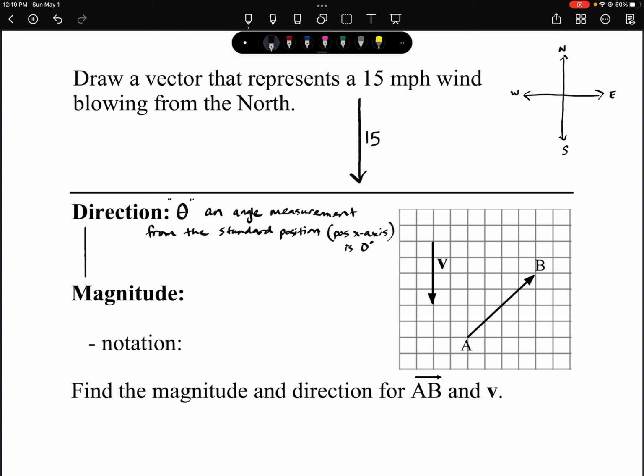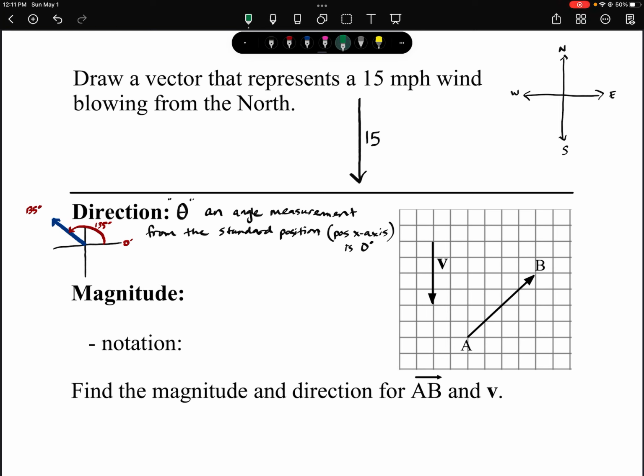Let's say I have this vector that had an initial point here and went out like this. If we were going to measure that angle, we'd start here at 0 degrees, and we would measure all the way out to here. If I was estimating, that vector would be about 135 degrees, because it opens up that way.